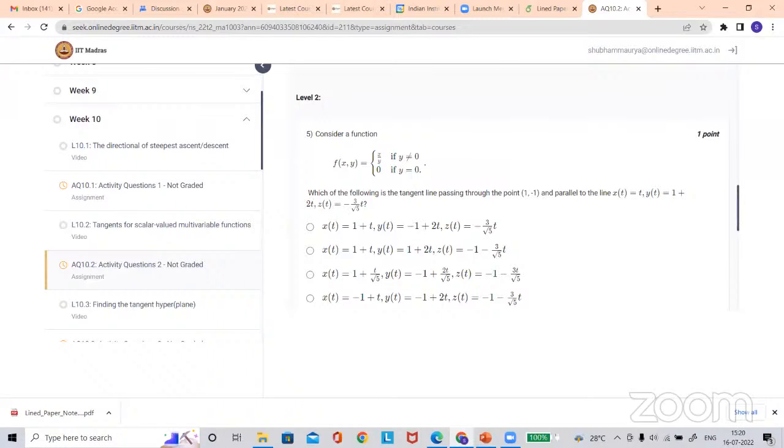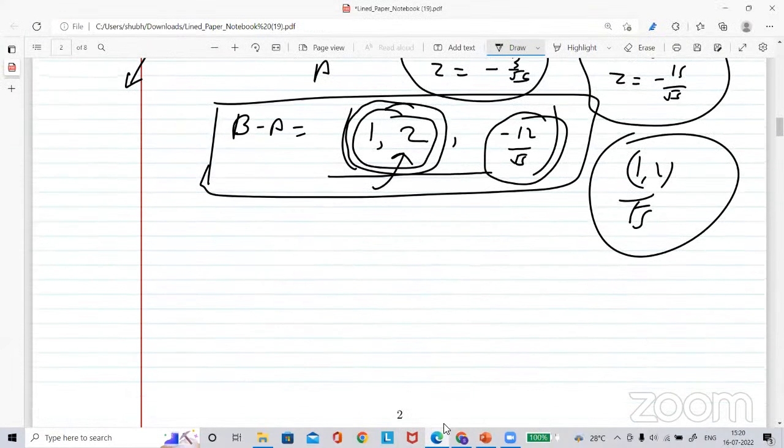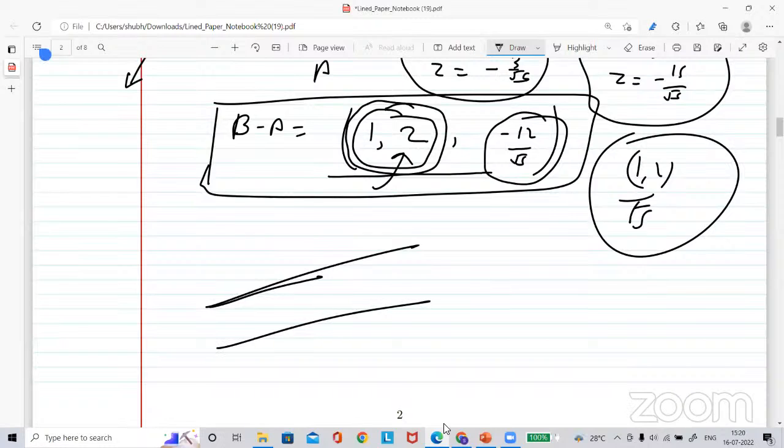Two lines are parallel means, suppose you have two lines here, if you are able to get the direction and make it a unit vector, you will get the same unit vector. That's what it means here. Two lines are parallel means you have the same coefficients, as you studied, mt plus c.